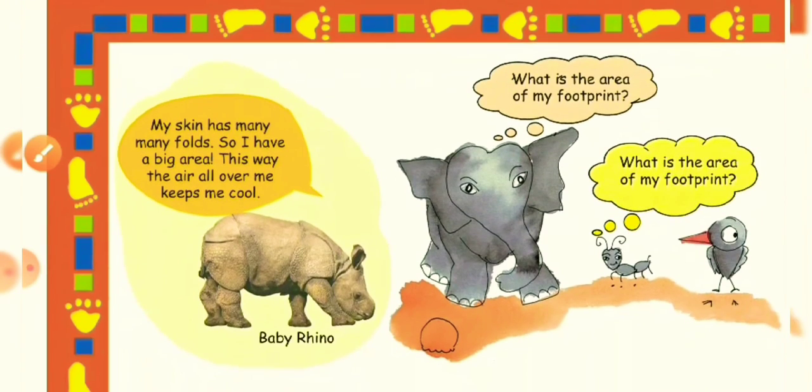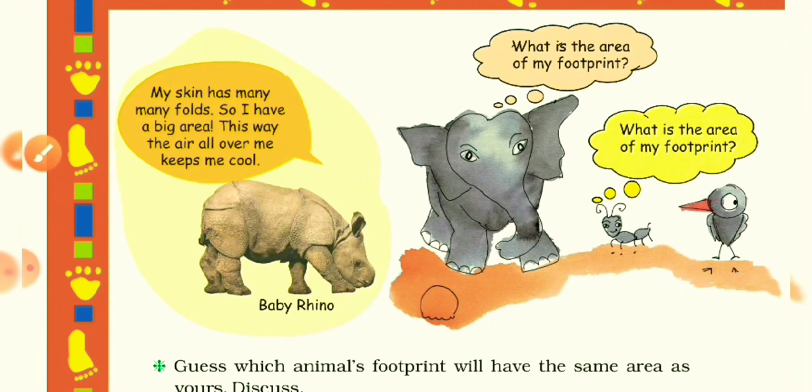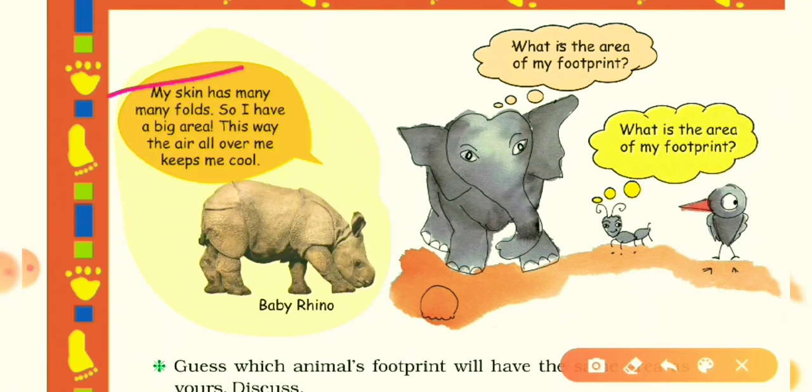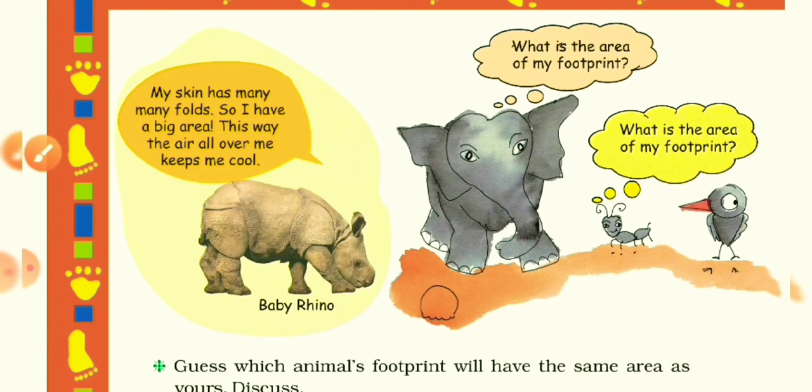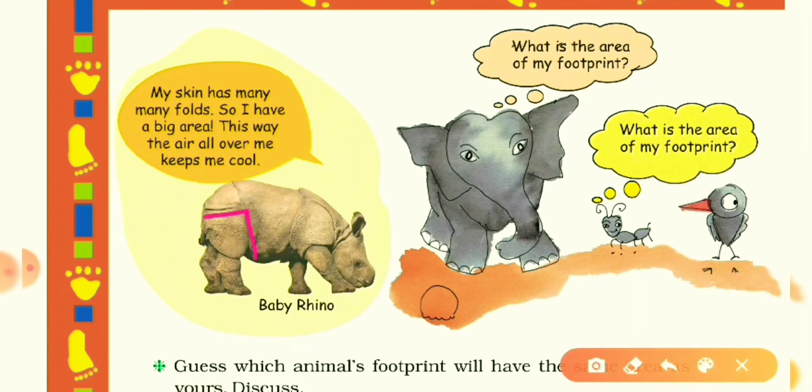Now on the next page, here are some animals. Let's see what they are saying. My skin has many folds. You can see the rhino is saying, I have a big area, and this way the air all over me keeps me cool. You can see the folded portions here, and that has big areas according to the baby rhino.